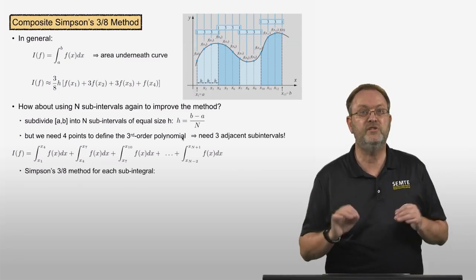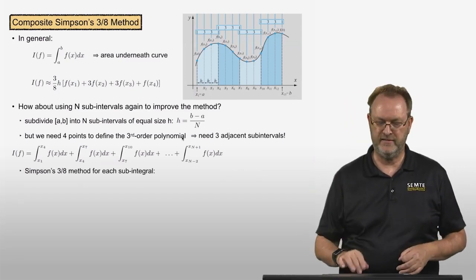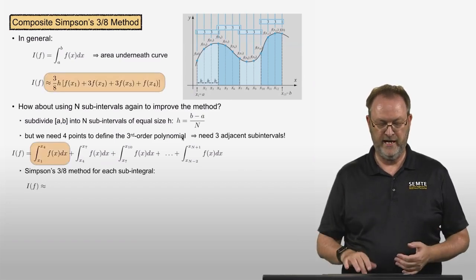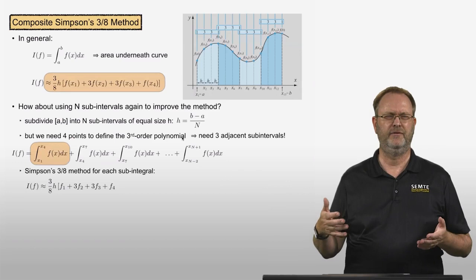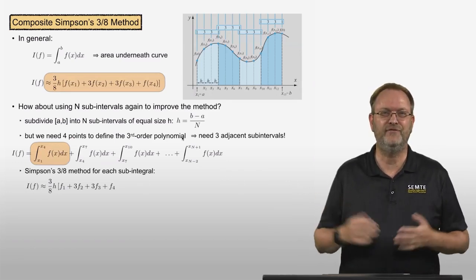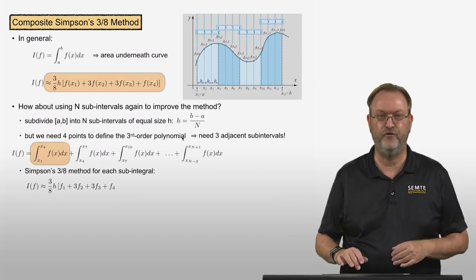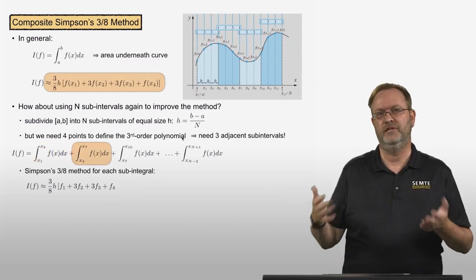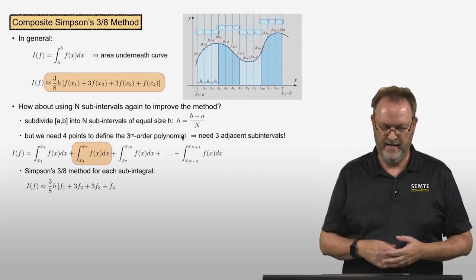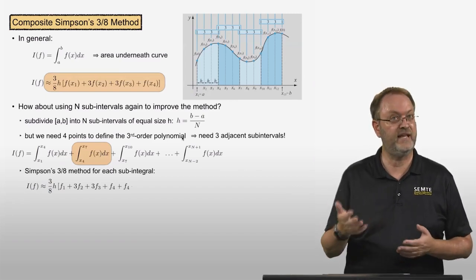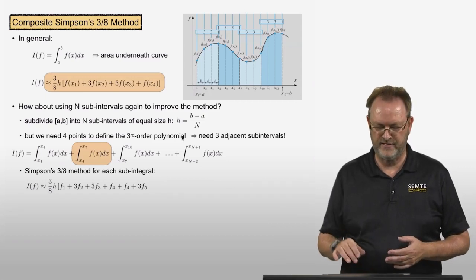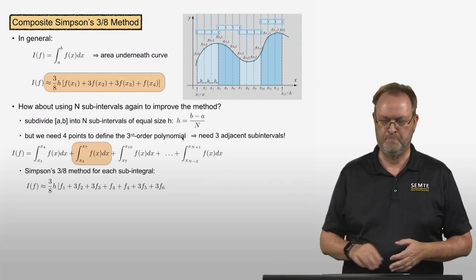And now we're going to use Simpson's 3/8 method for each one of these subintegrals, which means that for the very first one, we have 3/8 times h times f1 plus 3f2 plus 3f3 plus f4. Now Simpson's 3/8 for the next one from x4 through x7. So that's another f4 plus 3 times f5 plus 3 times f6 plus f7.